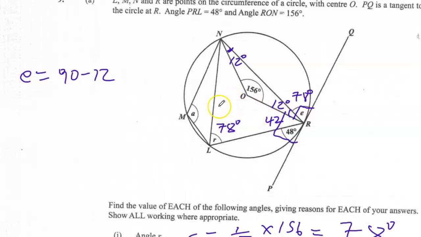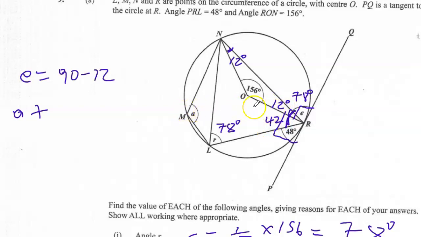We also know that the sum of the opposite angles in a cyclic quadrilateral is 180. So notice we have a cyclic quadrilateral there. What's a cyclic quadrilateral? It's a quadrilateral where each vertex is on the circumference. So notice M, N, R, L, four sides. So the opposite angles: M, which is represented by angle A, plus the angle here, which is a combination of 12 and 42, that's 54.